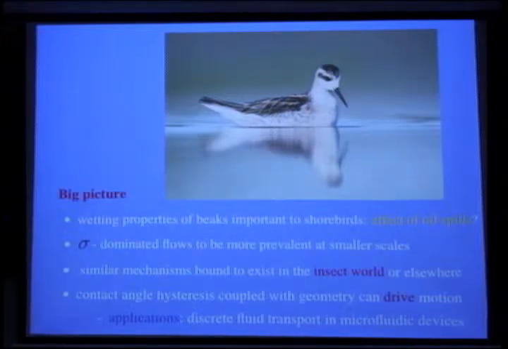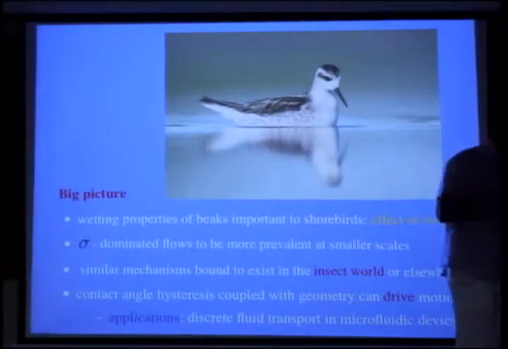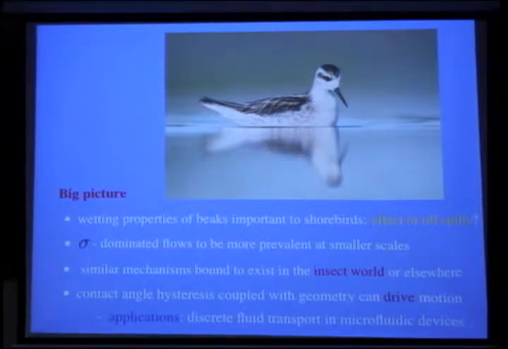And the other thing, from a physical point of view, it's interesting that they're actually using contact angle hysteresis in combination. Usually we think of contact angle hysteresis as something to overcome. It's a pain because it causes drops to stick. But here they actually use it in conjunction with this wedge geometry to generate propulsion.